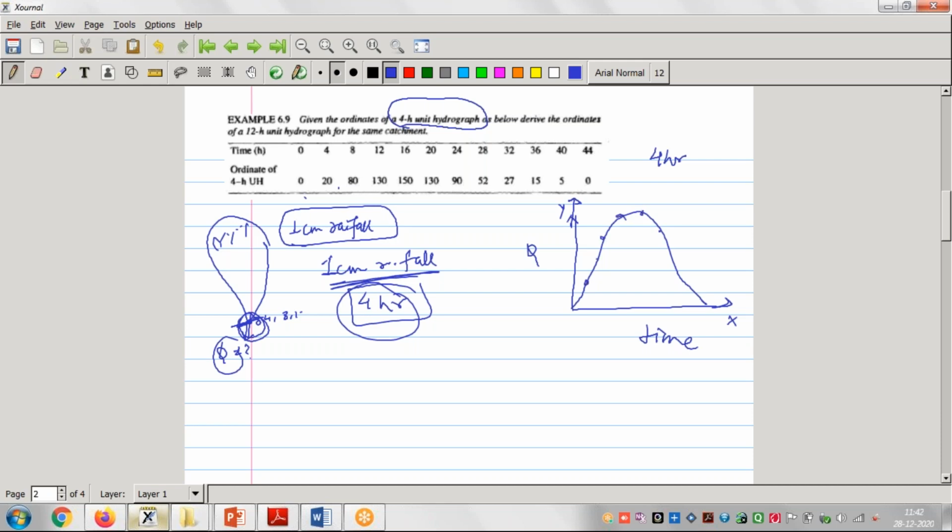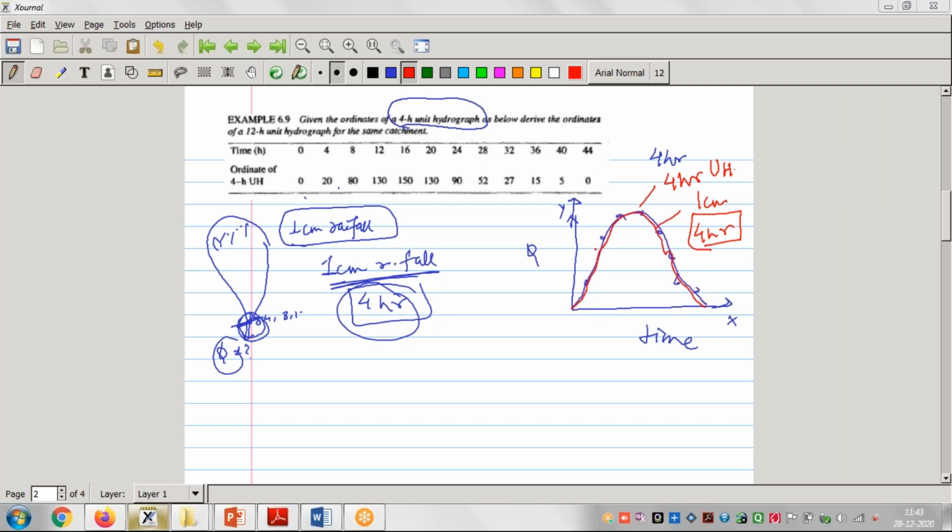When we join these points, we will get this graph, right? Now this graph is because of 1 centimeter and 4 hour, right? So that's why we say that this is a 4-hour unit hydrograph. Is it okay? This meaning is clear to all of you?